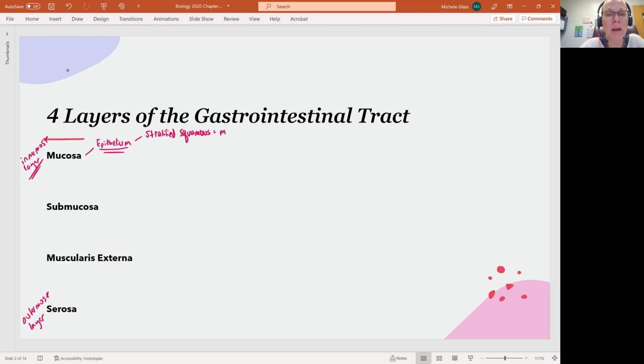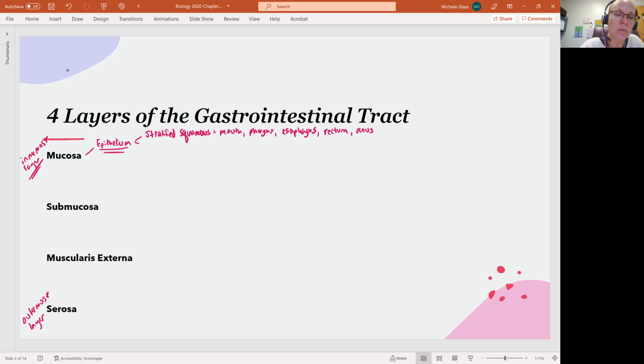So that's going to be mouth. That's going to be pharynx. It's going to be esophagus. And then again, as we get into the rectum and anus, we're not, of course, moving food through at that point, but we do have a more solid material that we are moving through.